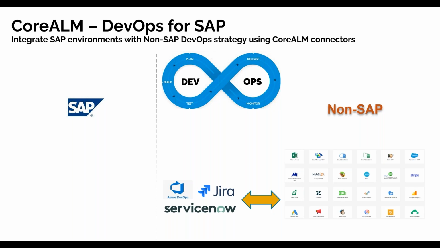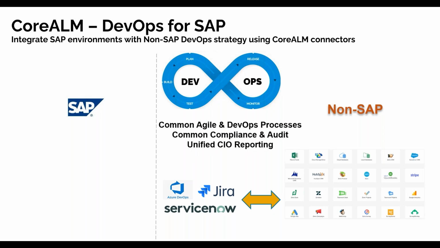The benefit for non-SAP is common Agile and DevOps processes, as well as common compliance and audit, and unified CIO reporting. These are some of the benefits of having integrations between these tools. And this is probably very standard in your organization as well for the non-SAP side.